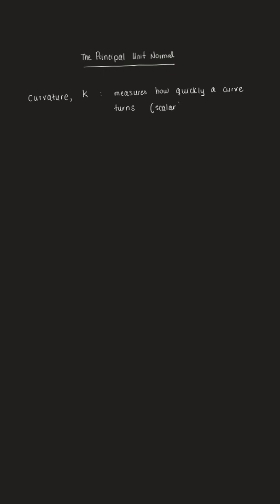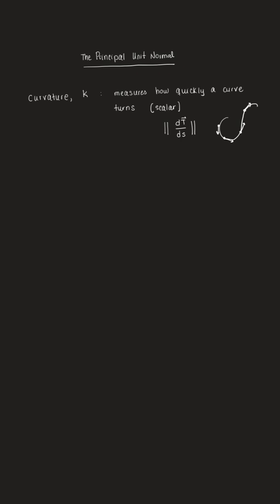So it's actually a magnitude of how quickly the curve is turning, and we defined it originally as the magnitude of the derivative of T with respect to the arc length, right? So how quickly along a curve our tangent vectors are making turns. Now, that's a magnitude.